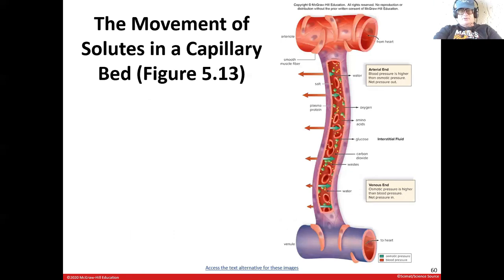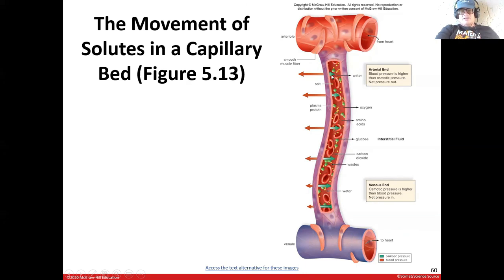All right, so movement of solutes. You can see that at the artery end, there's huge amounts of hydrostatic pressure pushing the fluids out. And as we move on, down, we get to very little pressure to push things out. Now, as we go down this capillary, you can see that the blood's a little concentrated, but down here it's super duper concentrated, and the fluid that was pushed out is now wanting to be pulled in.